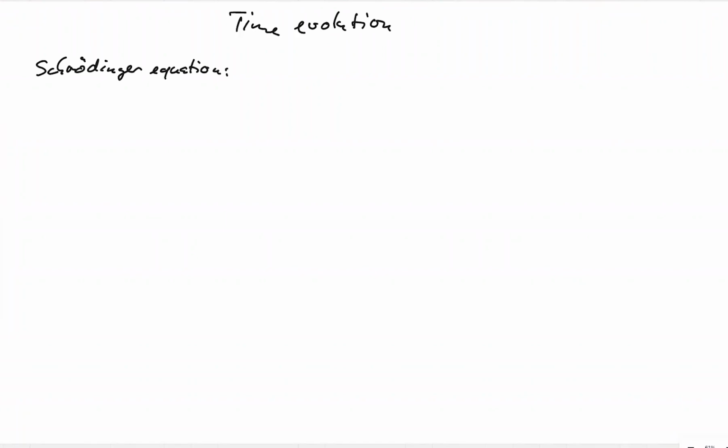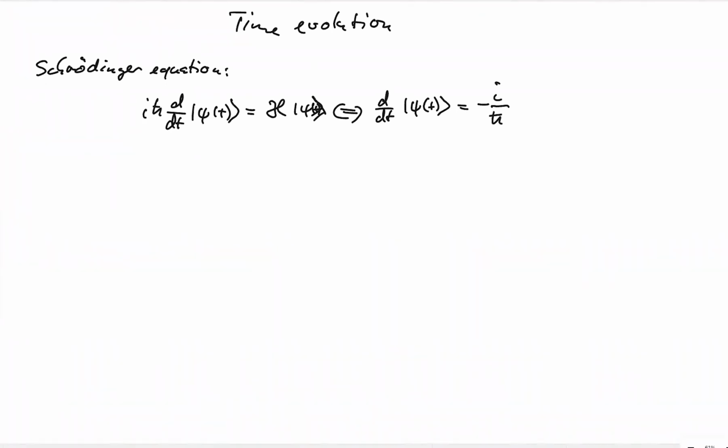The Schrödinger equation in its full form is i h bar d over dt psi of t equals the Hamiltonian times psi of t. And this is equivalent to the time derivative of psi of t being minus i divided by h bar times the Hamiltonian times psi of t, if we simply bring the i times h bar to the other side.